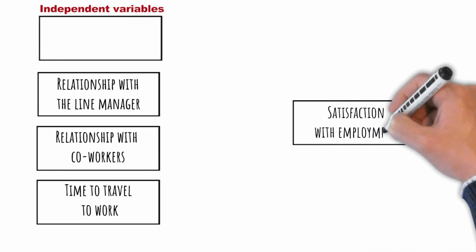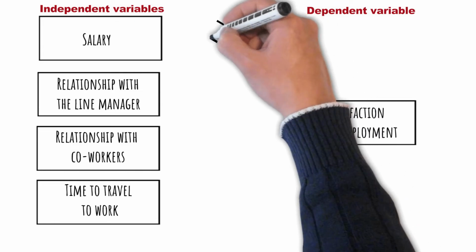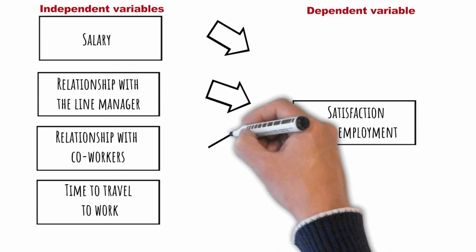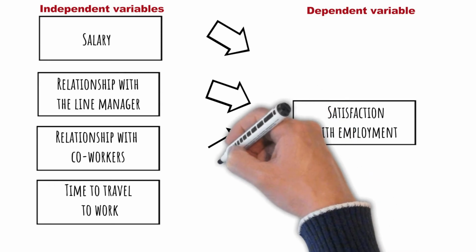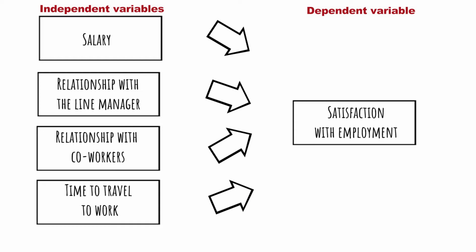These 4 attributes, or factors, are salary, relationship with the line manager, relationship with co-workers, time to travel to work. It is of course possible to think of many other factors that may play a role, but for the purpose of illustration we just stick with these 4. See how these 4 independent variables have arrows drawn towards the one dependent variable, namely, satisfaction with employment.